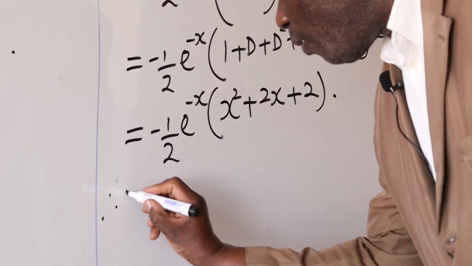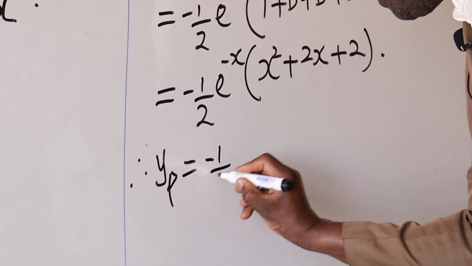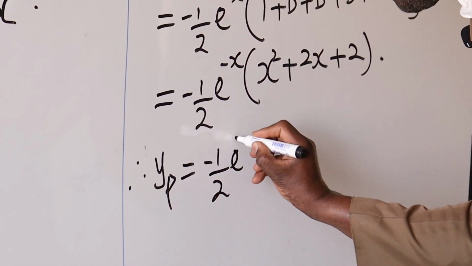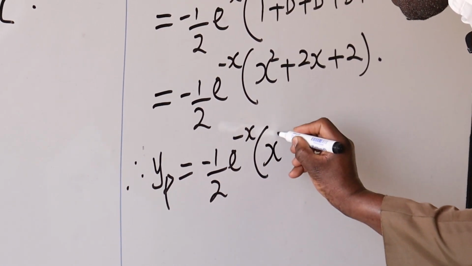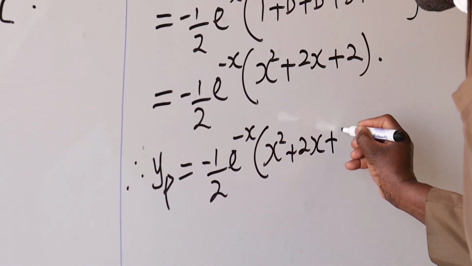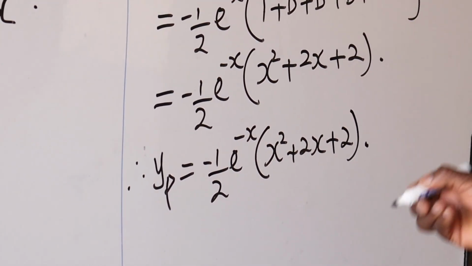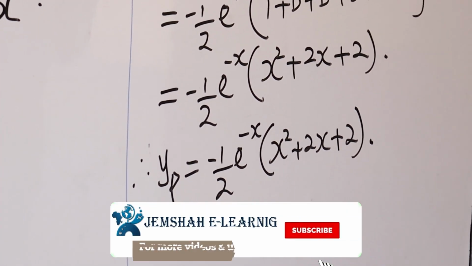Therefore, our yp will be equal to negative a half exponential negative x into x squared plus 2x plus 2. And that is the particular integral.